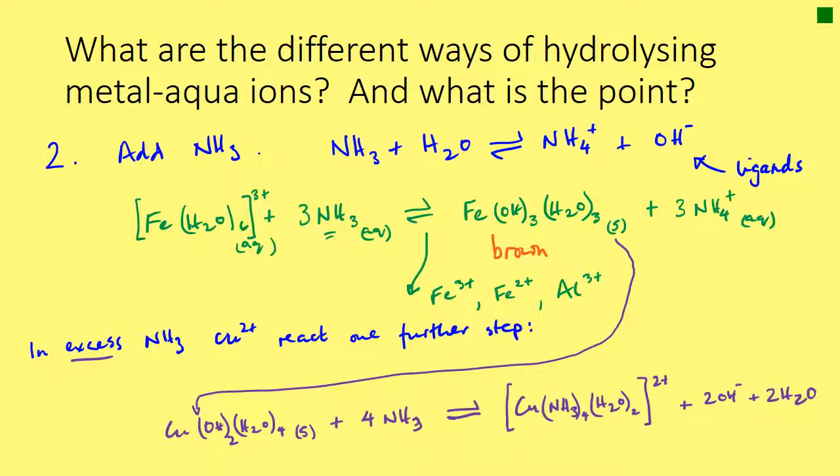And this only happens with copper 2+. This is aqueous, and so what we get is actually a dark blue solution instead of a precipitate of a different colour. Okay, so that's that, because that's unique for copper 2+. That further reaction in excess ammonia can be used to identify copper.